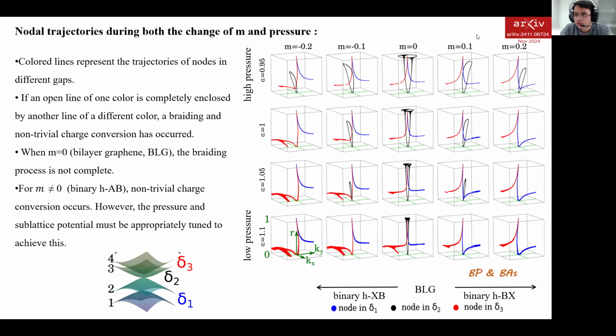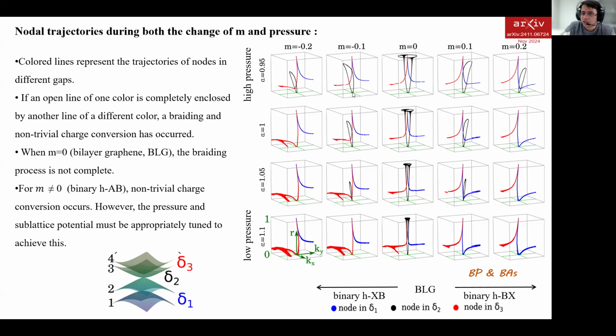In this picture, this plane shows kx and ky momentum, and the vertical axis shows shifting as in the previous figure, and alpha here indicates the amount of the interlayer distance relative to the original one. Here we have a high pressure, here we have a low pressure, and we can see such a braiding procedure.